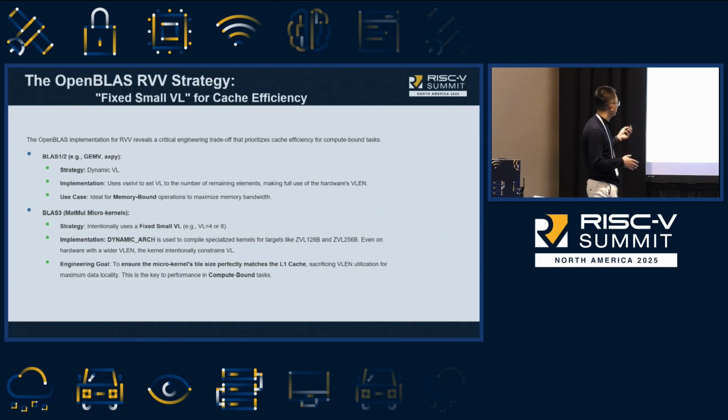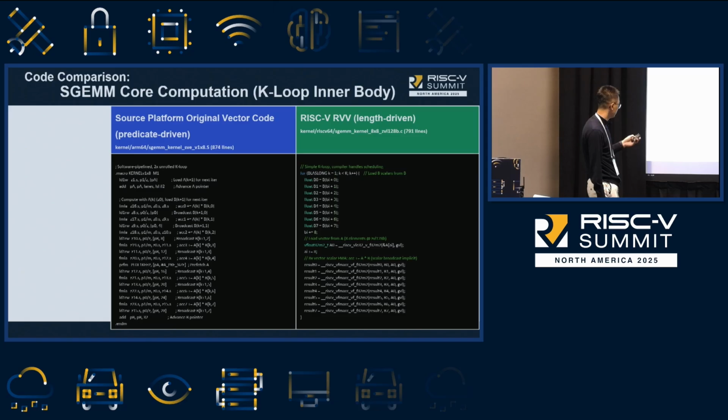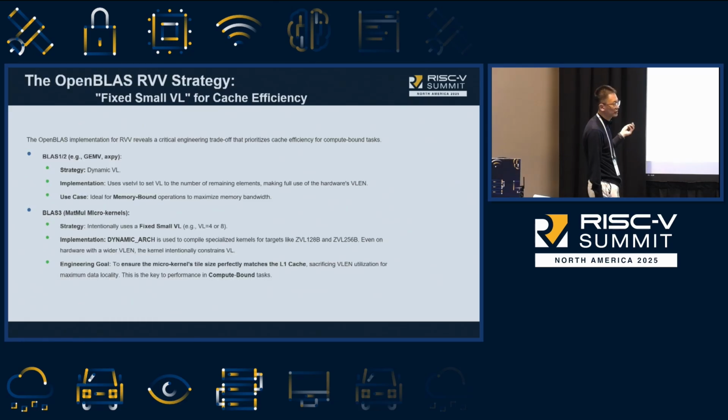For level 3 matrix-matrix multiplication operators, they use a fixed length. There are 2 flavors: one for GVL 128-bit length, the other for GVL 256. There is a reason they choose different strategies.